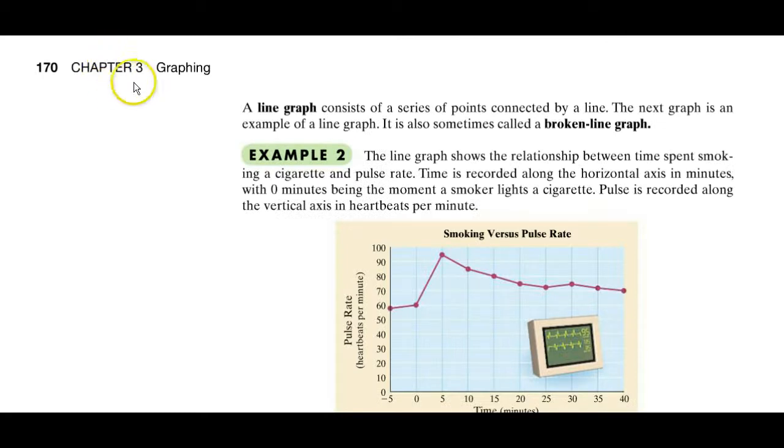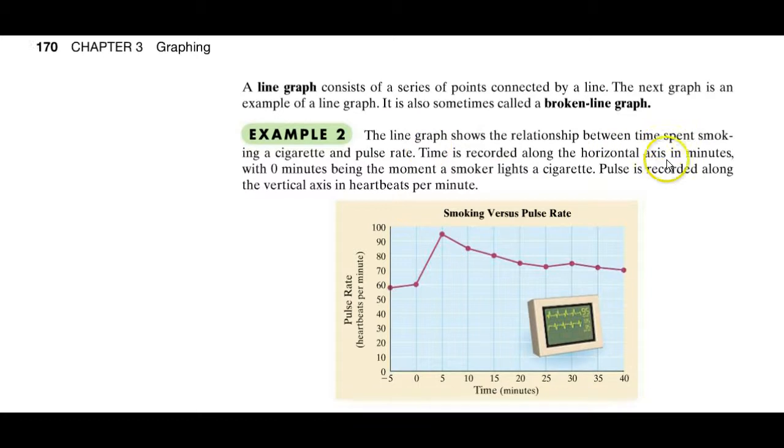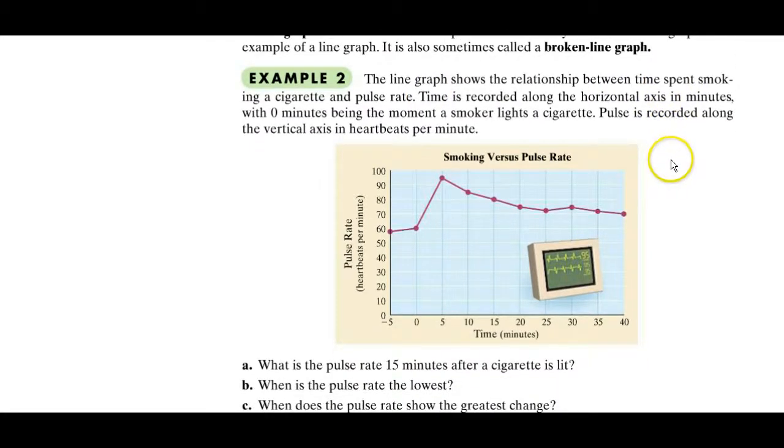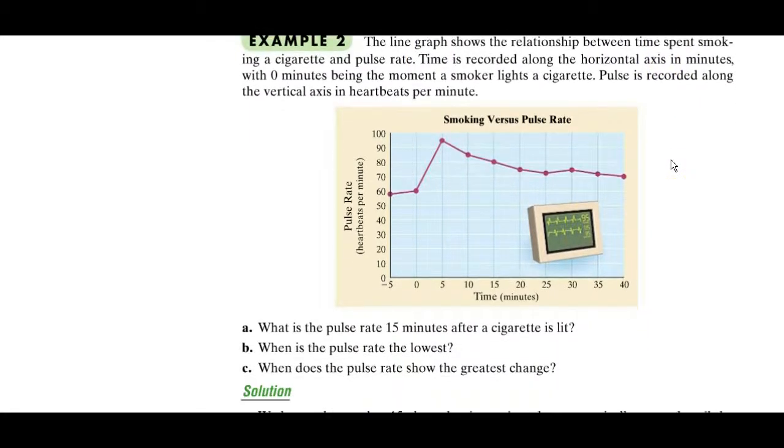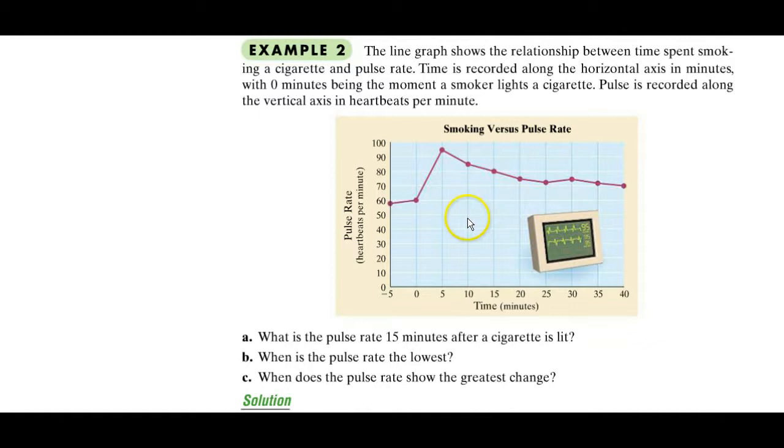Now another kind of graph is the line graph, which you're seeing here. Smoking versus pulse rate. So here you've had some data, and then you are looking after that data is plotted, and then you're asking someone to look at it here.